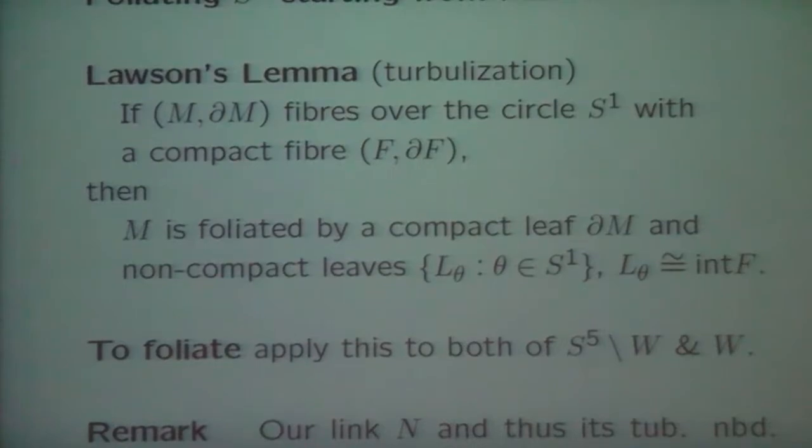So if you look at this picture, then again I will draw the same thing, but now I draw the link N as a point, all right? And here is the transverse section of the tubular neighborhood N, W. So one Milnor fiber comes like this, the other Milnor fibers are coming like this.